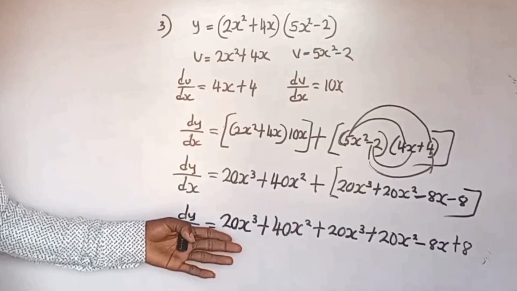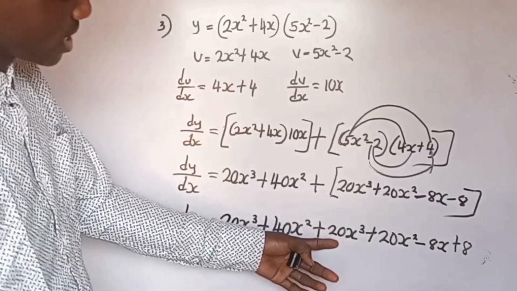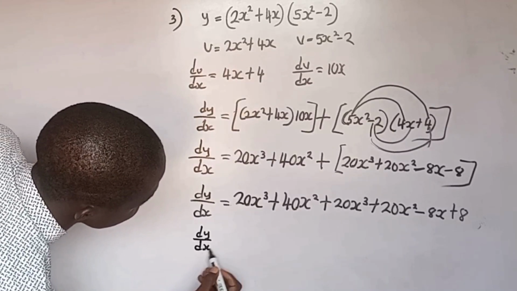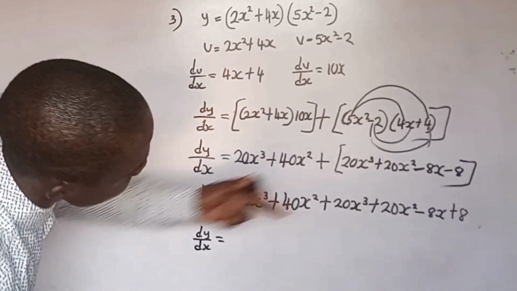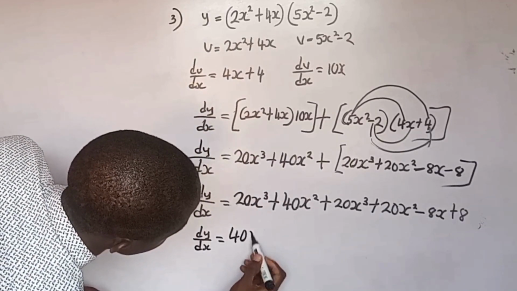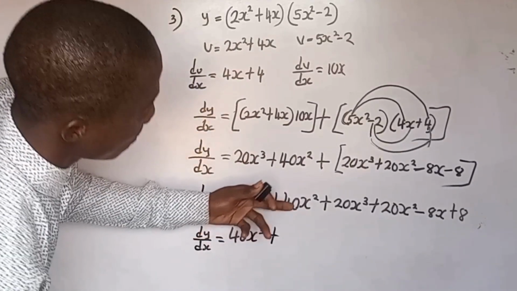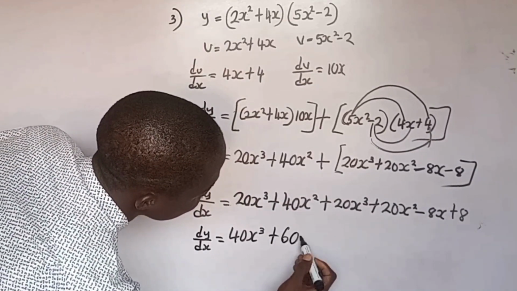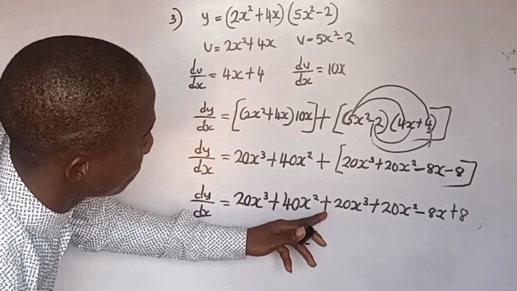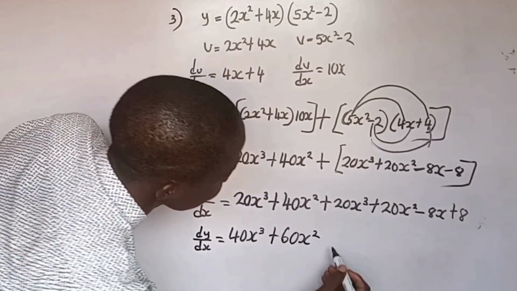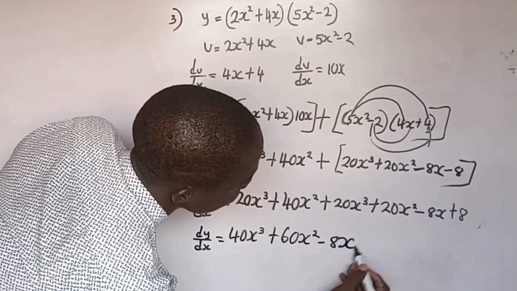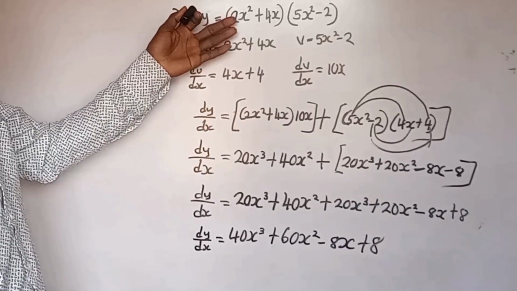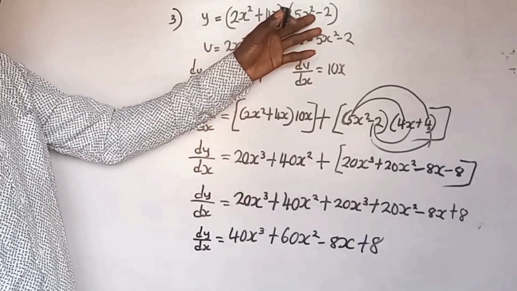We have 20x cubed here and another 20x cubed here, so we can add them together. dy over dx is equal to 40x cubed plus 40x squared plus 20x squared, that is 60x squared, minus 8x minus 8.